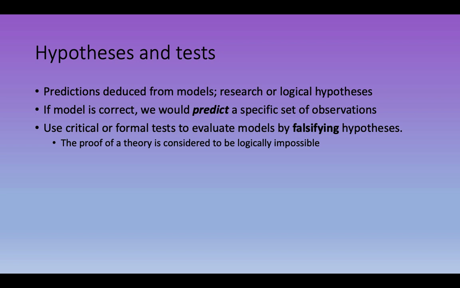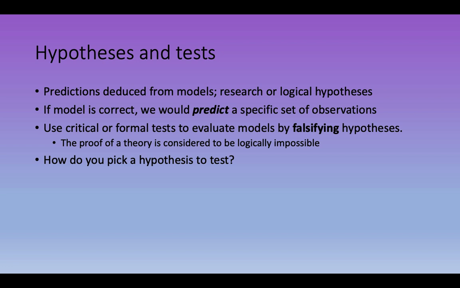To do that, we need to create a process by which we have hypotheses that we can falsify. It's important to note that we're never going to prove a theory, as that's logically impossible. But we can show that there are no hypotheses that could falsify that theory.